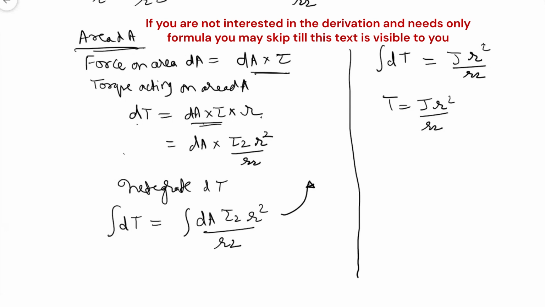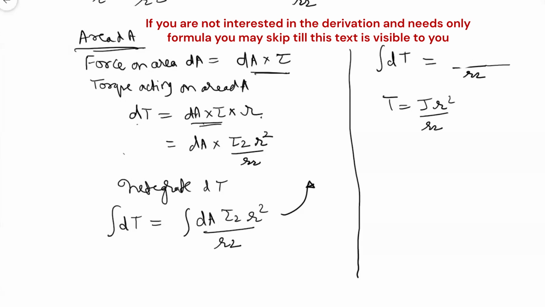Am I correct? Am I missing tau 2 here? Tau 2 I am missing. R square dA is J, so I should have written tau 2 here, correct? Yes, sir.